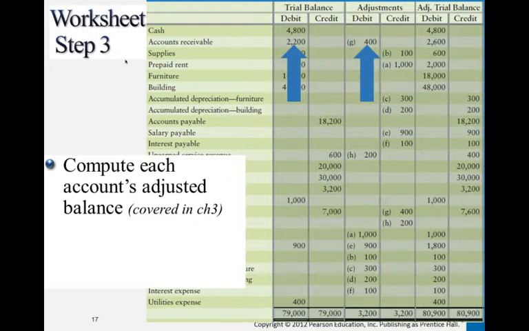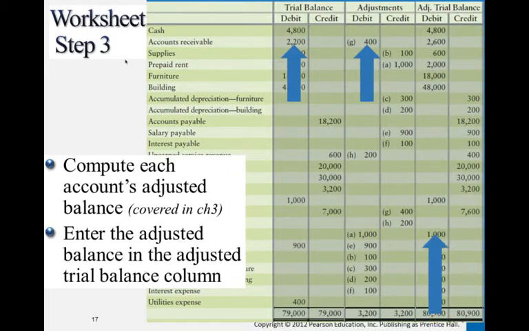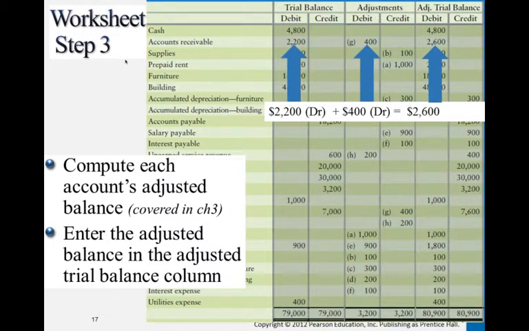If the 400 is on the right side, then we have to reduce it. But since 400 is on the left side, that means there must have been some type of service provided. You can see the other side, the 400 is here. Service revenue provided, but not yet collected cash from customers. So this is an additional accounts receivable. So you see the adjusted balance here, $2,600. This is one example we went over last week.